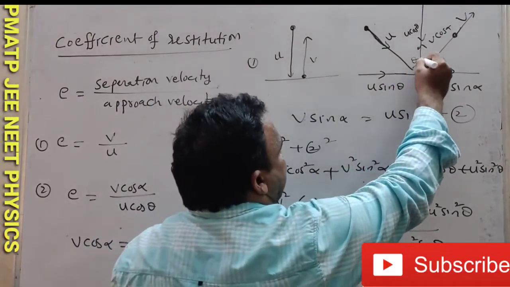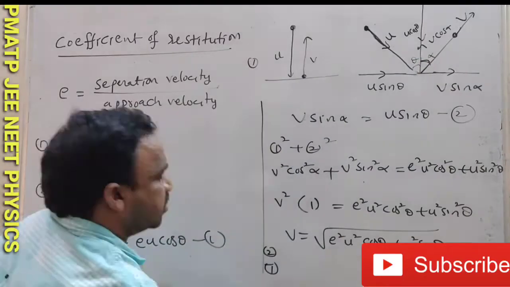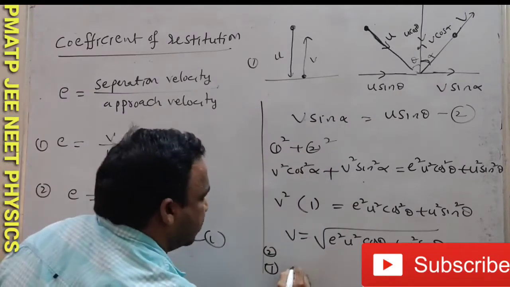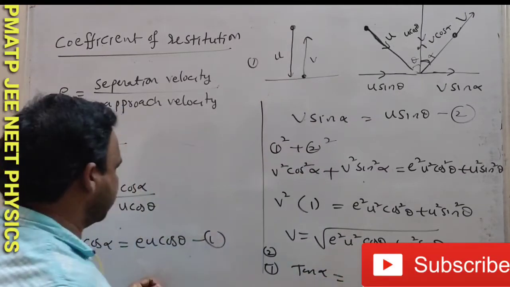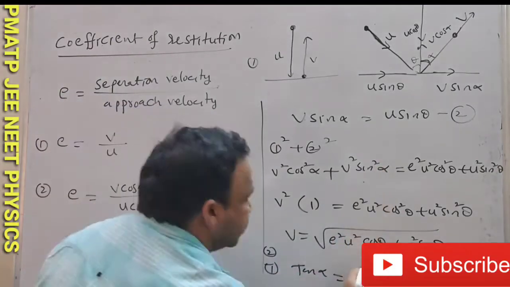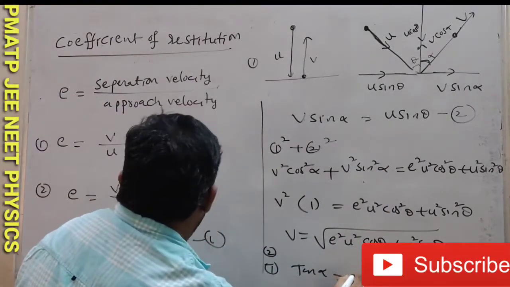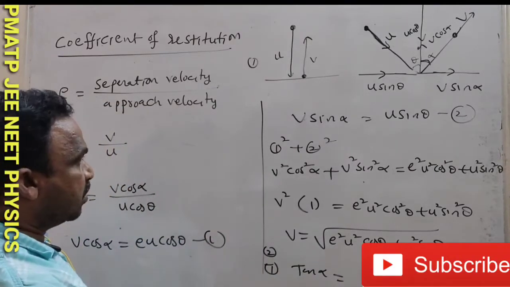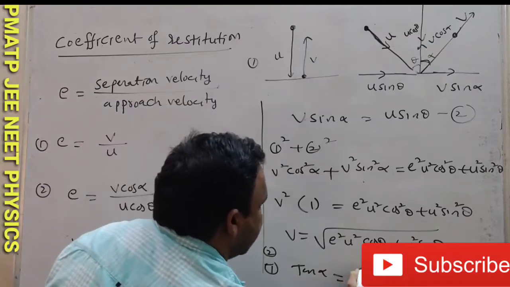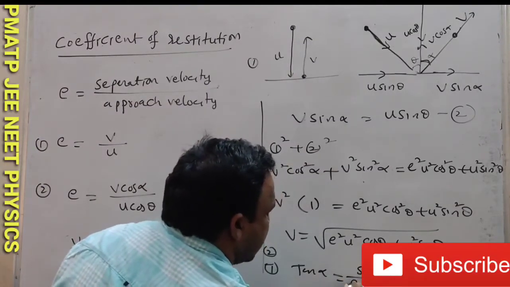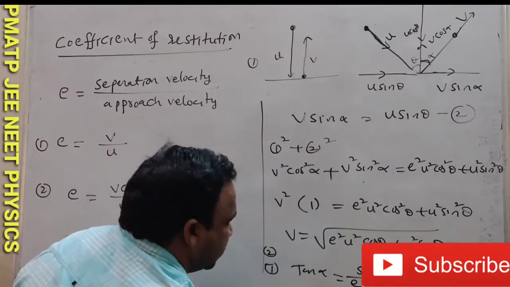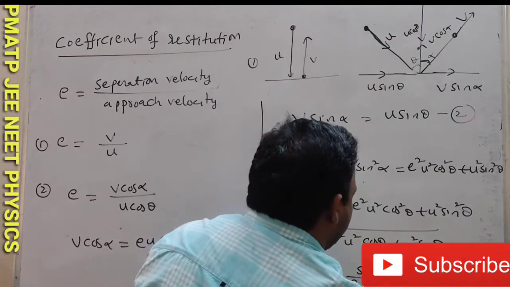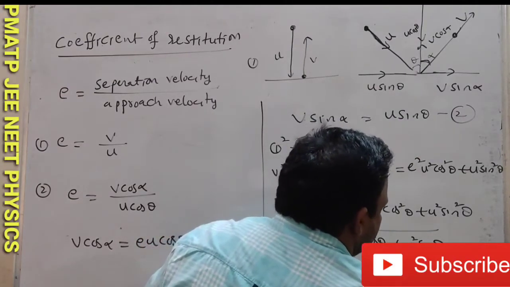And also we can get the reflecting angle alpha. So 2 divided by 1: v sin alpha by v cos alpha. That is, tan alpha is equal to u sin theta by e u cos theta. That is, tan alpha is equal to 1 by e tan theta.